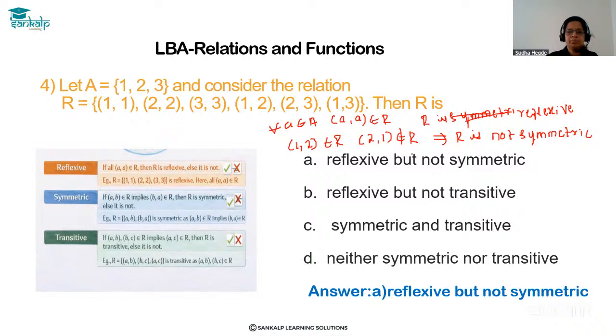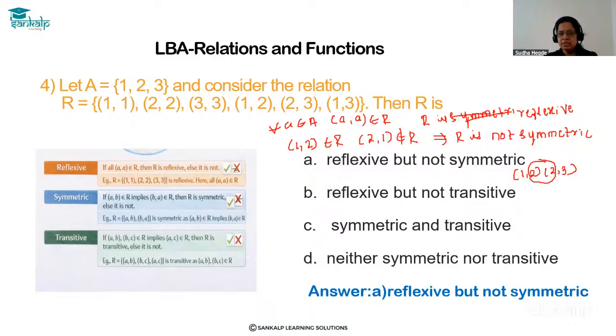Okay. Next, consider (1, 2) and (2, 3). See, these two elements must be same. If (1, 2), (2, 3) belong to R, check whether (1, 3) is there in R. Leave these two common elements and take the last two, (1, 3).